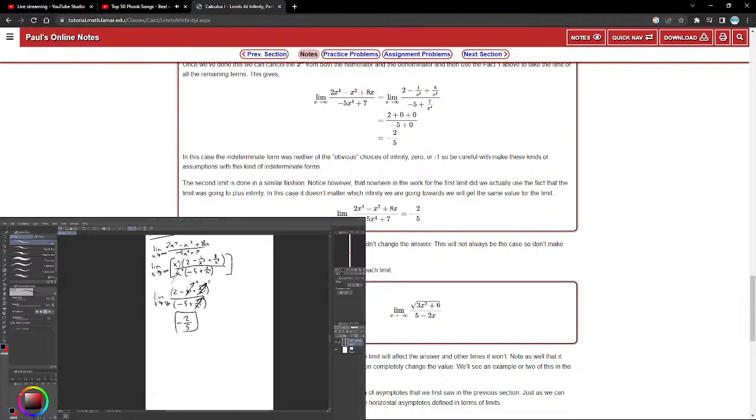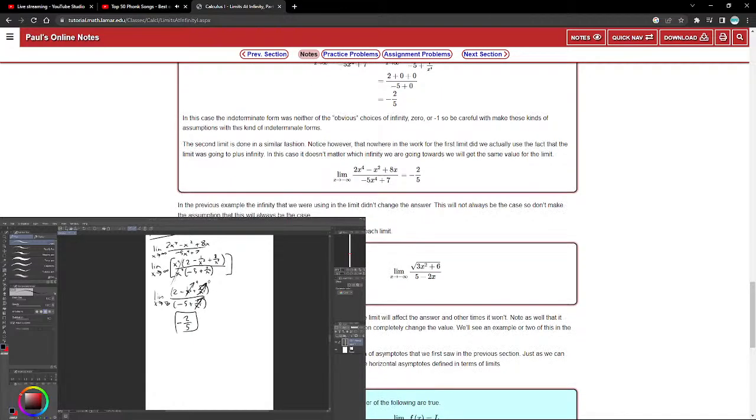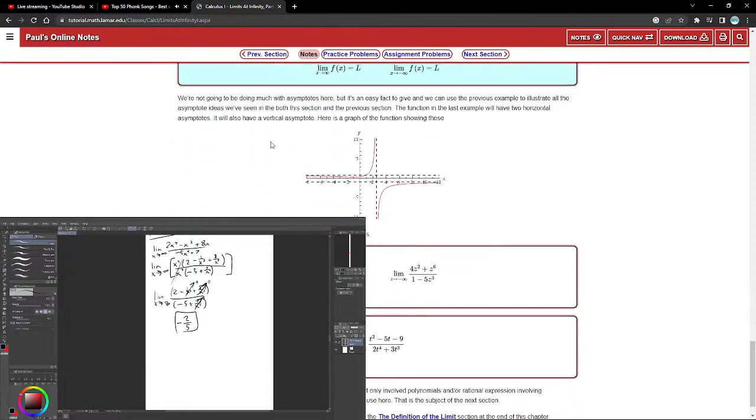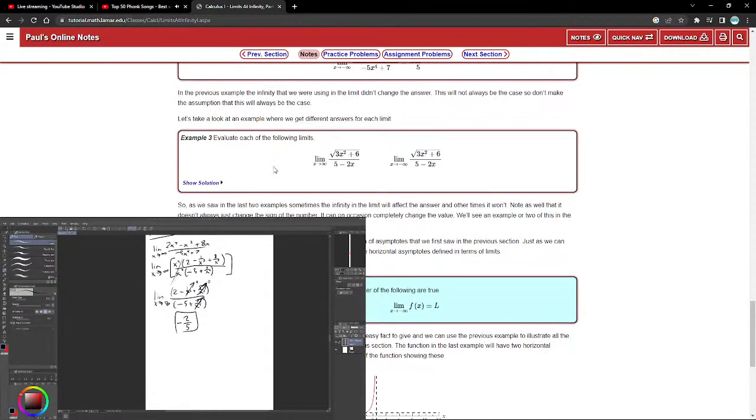In this case, it doesn't really matter which way the infinity is going, since we get the same value. This will not always be the case, so don't make the assumption that this will always be the case.